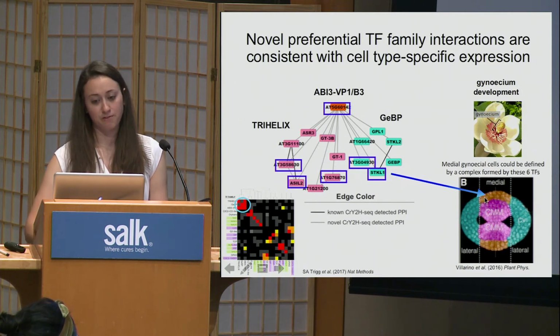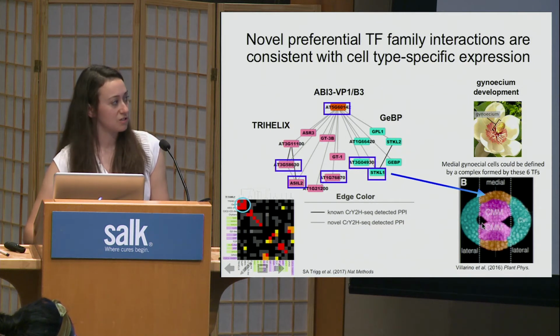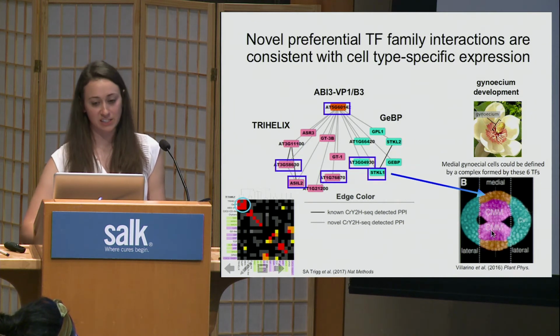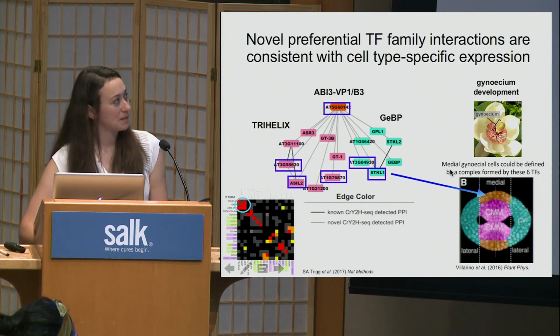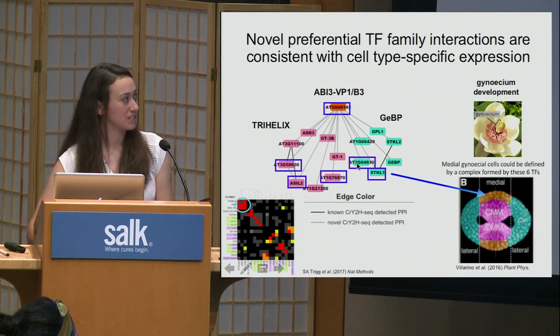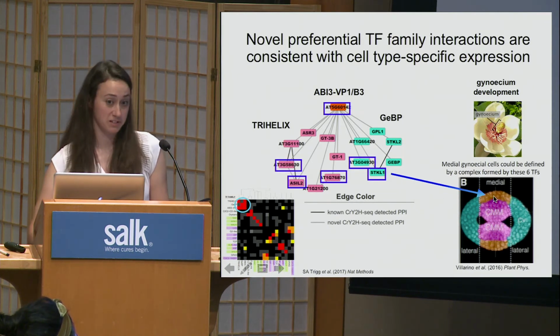What I saw is that 13 of 14 of these proteins were expressed in all these cell types, but really interesting, in the medial cell type, these 6 proteins show higher abundance. So it's possible that there is a complex between these 6 transcription factors that is driving the medial cell type definition.